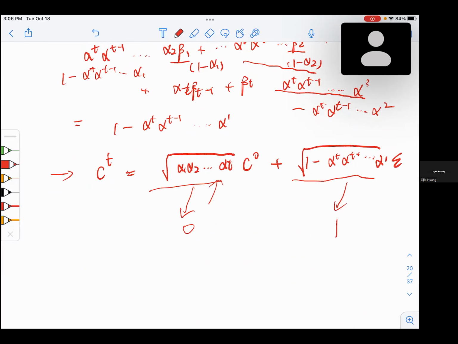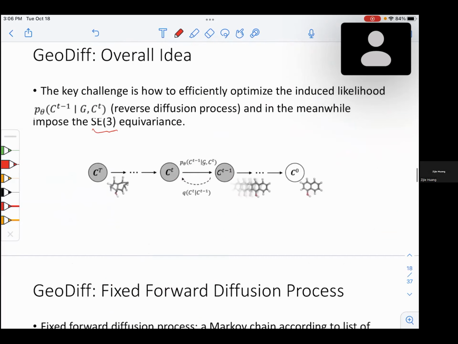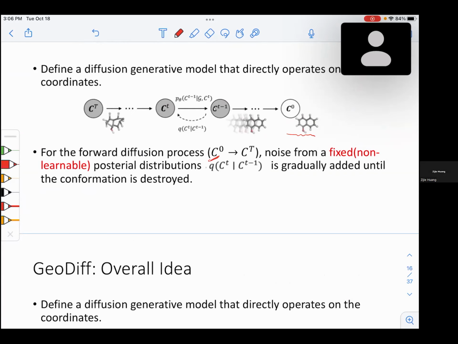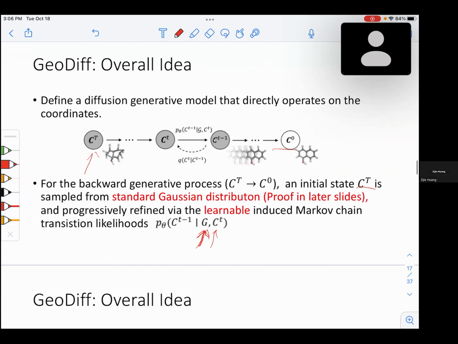What this procedure shows is that through the forward diffusion process that we define here, from C0 to CT, eventually this CT will become chaotic, following a standard Gaussian distribution. That's why, when we learn the reverse diffusion process, or when we use the model for the conformation generation process, we will sample this last chaotic state CT from the standard Gaussian distribution.